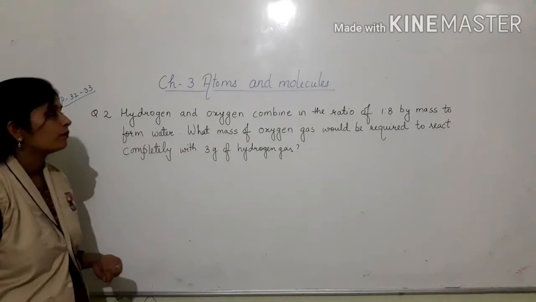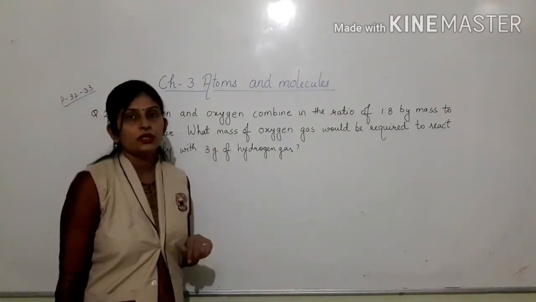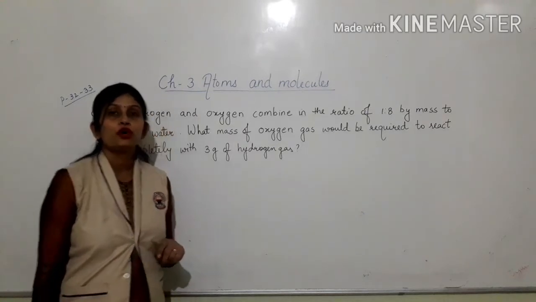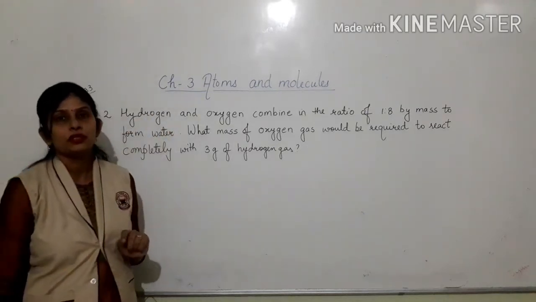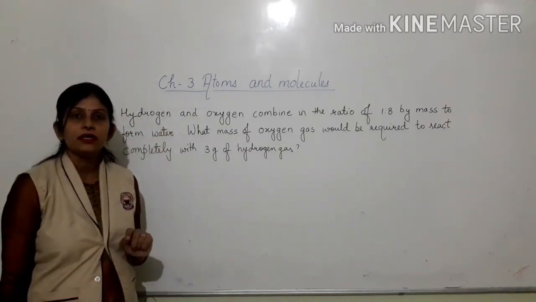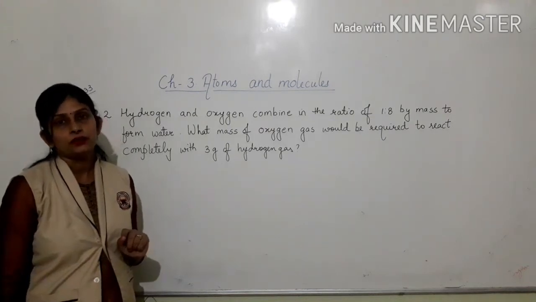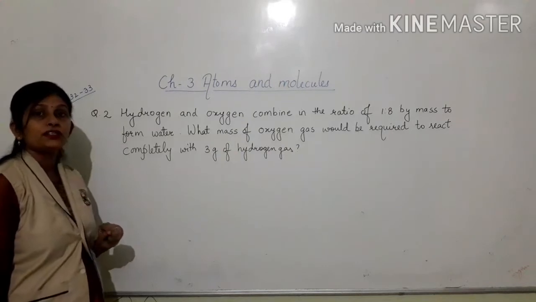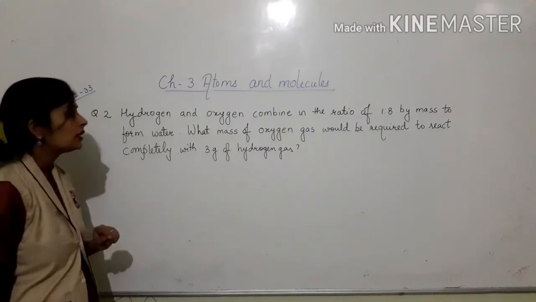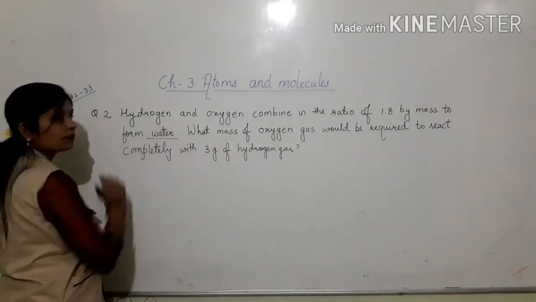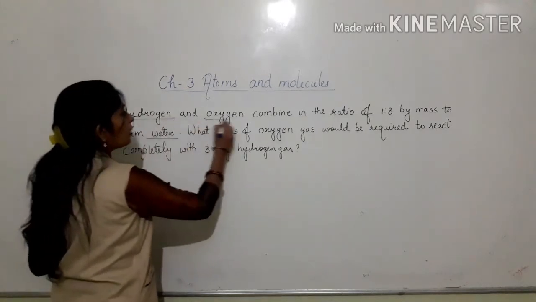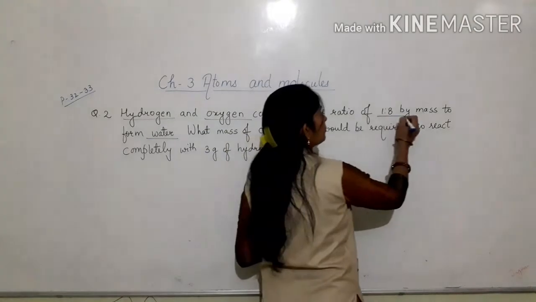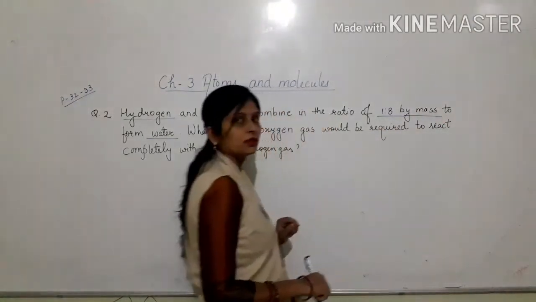Okay, now for this question we have to recall the law of constant proportion or law of definite proportion, which was given by Joseph L. Proust. The law of constant or definite proportion states that in a chemical substance, elements are always present in definite proportion by mass.